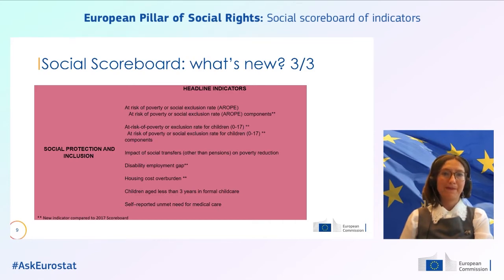So disability status will be collected also in the labor force survey, and therefore will be available from the labor force survey at a later stage in 2023. And all the other indicators that are there were already included in the 2017 version of the scoreboard.